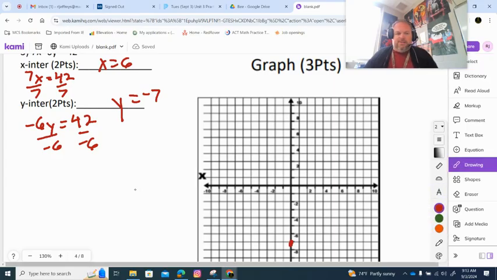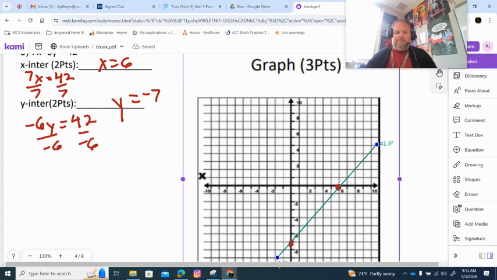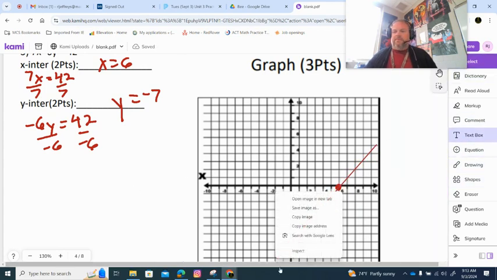So negative 7 is here. Positive 6 is here. I'm drawing a line that looks like this. There we go.